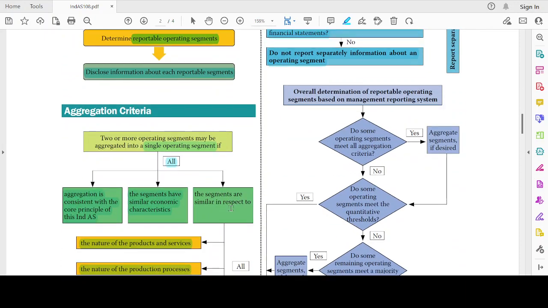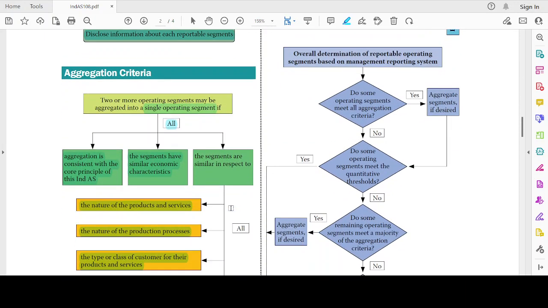Now, let's understand the aggregation criteria. Two or more operating segments may be aggregated into one operating segment if all the conditions are satisfied. What are the conditions? First, the aggregation is consistent with the core principle of Ind AS. That is, the core principle is that I have to make my users understand which is an important segment of my business. The second is that the segments have similar economic characteristics.